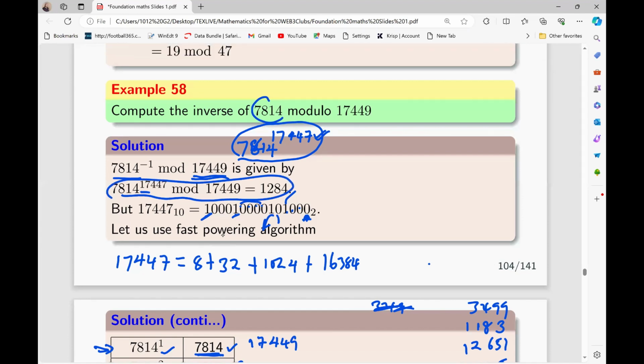The power is supposed to be 78,14 raised to the power 17,447. The power is correct.